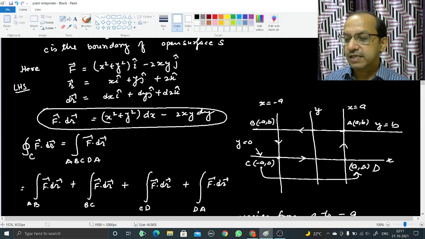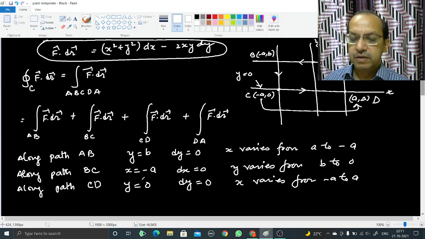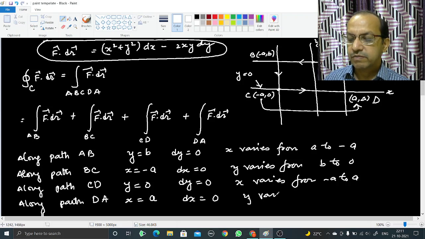That means x equal to a, dx equal to 0, and y varies from 0 to b.